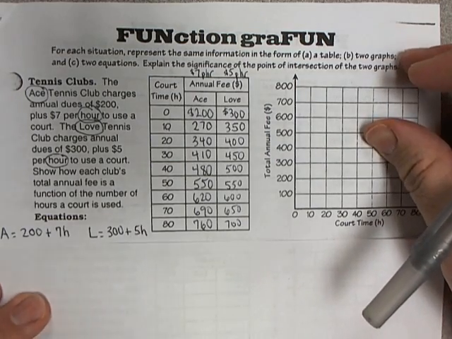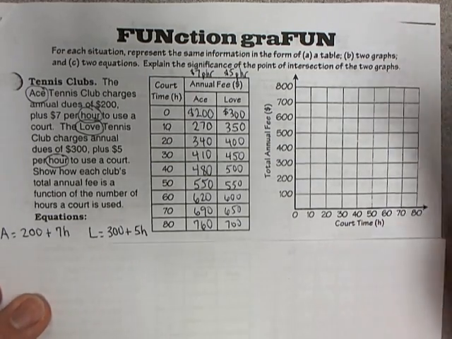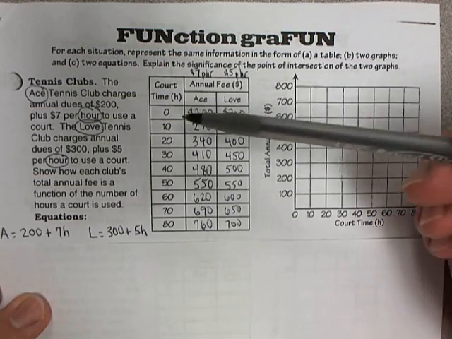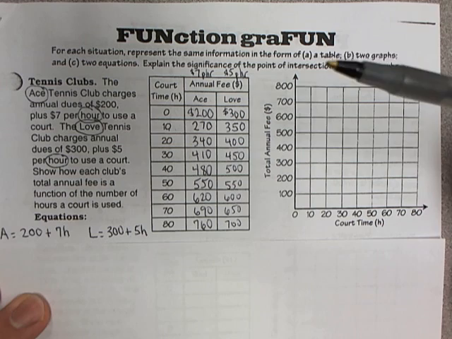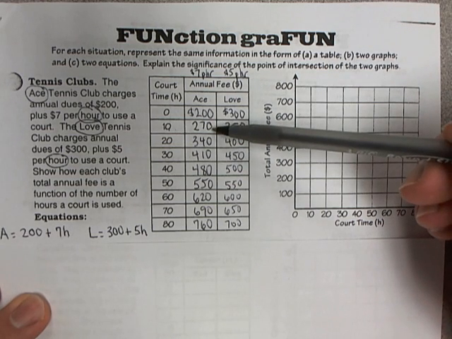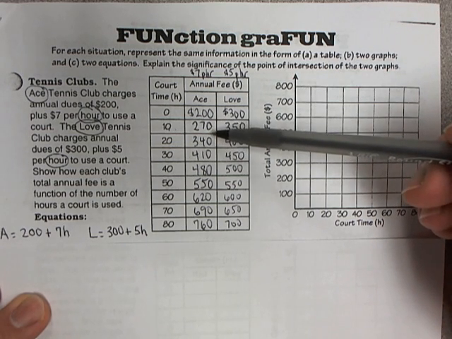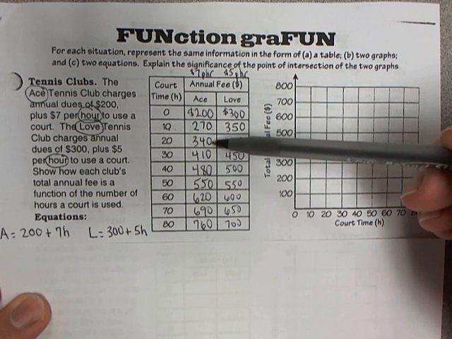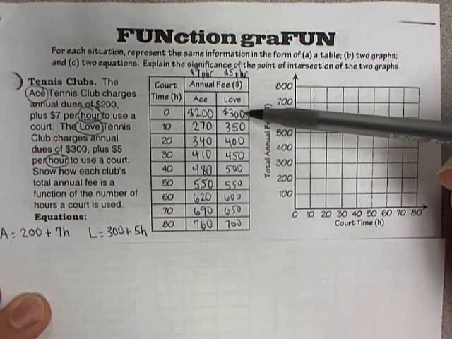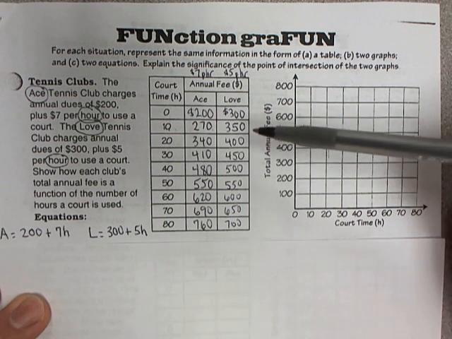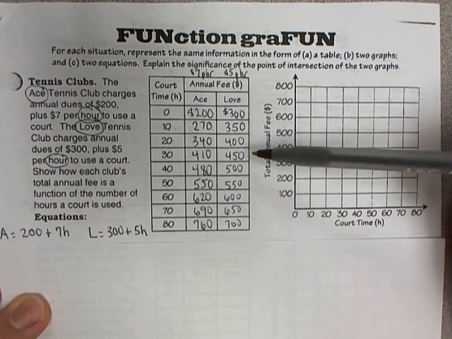So hopefully when you completed the table, you were able to identify the pattern and notice that the time was increasing by 10 hours each time. And so the cost was increasing for Ace by $70 for each additional 10 hours. And the cost for Love Tennis Club for each additional 10 hours was $50.